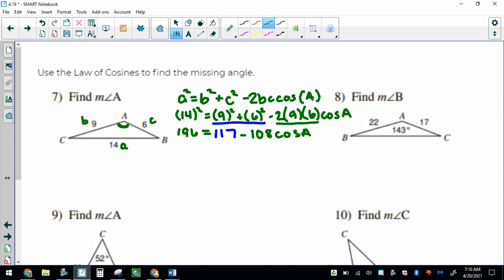Okay, so here's where we've got to start solving, all right? The first thing that you can always do is you can move this number here that was the blue, right? I can subtract this from both sides of the equal sign. So 196 minus 117 turns out to be 79.